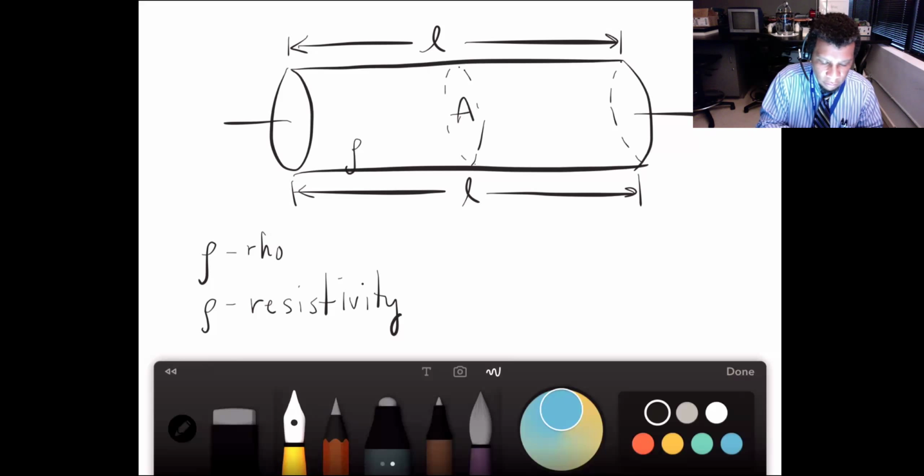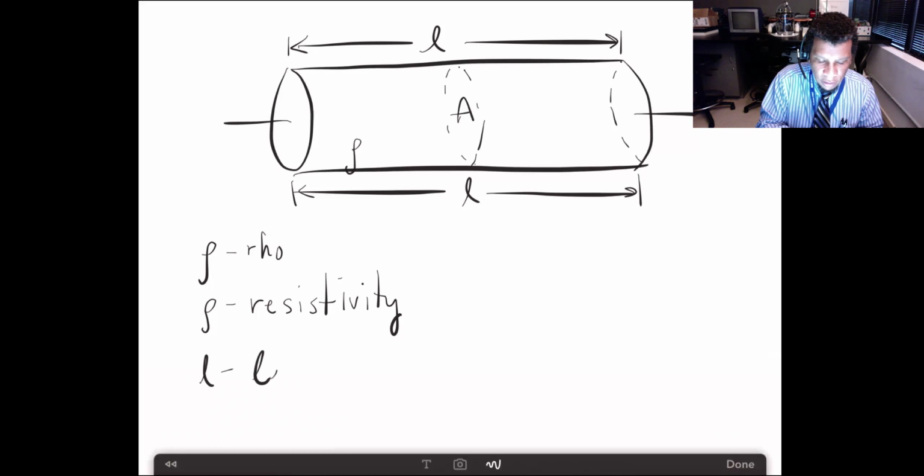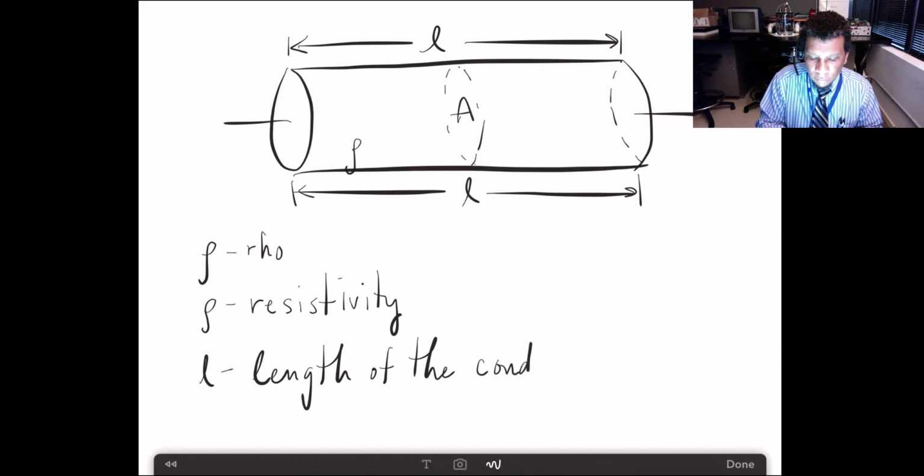So L is going to be the length of the conductor. And A will be the cross-sectional area of the conductor.